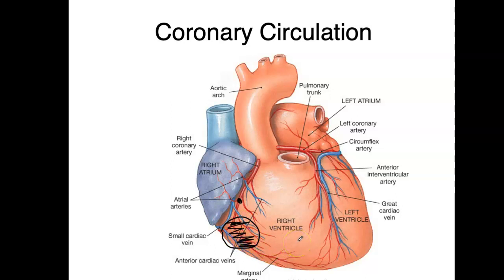Now, in a bypass, if you know ahead of time that this is happening, you could potentially make a bridge, right? You could take a vessel from another part of the body. It's often the greater saphenous. So they remove a vein from your leg and then make a little hole here in the aorta and sew it on.